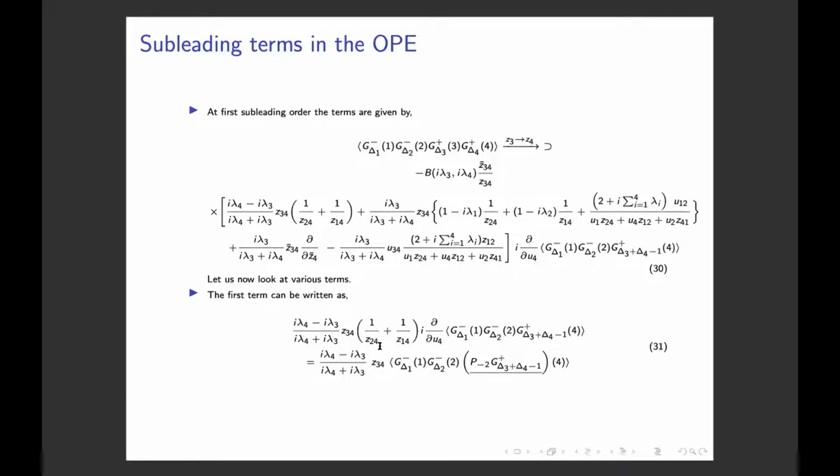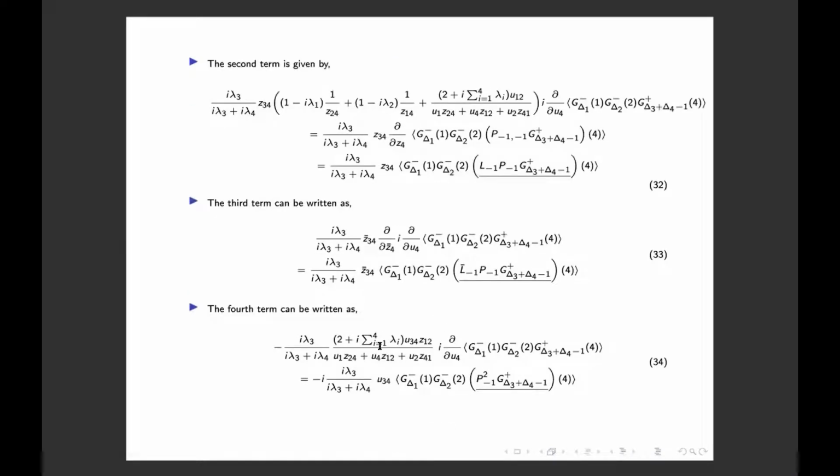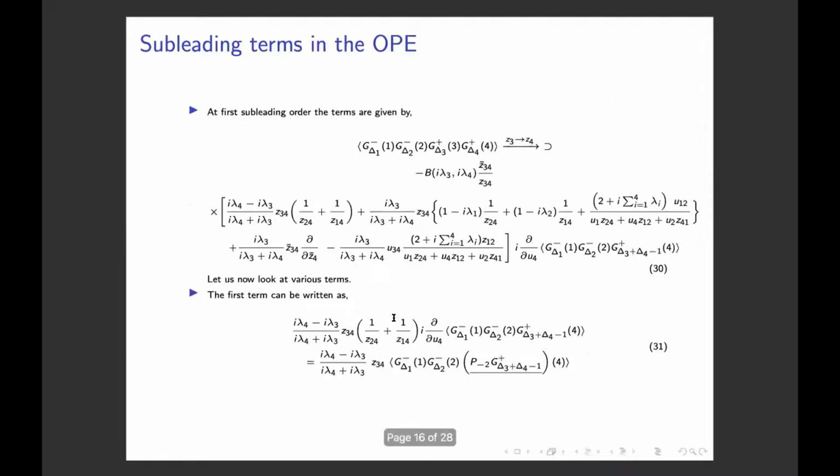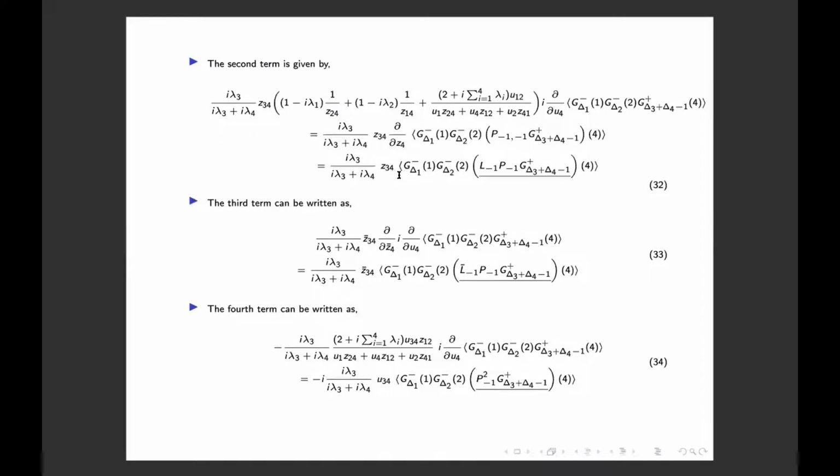Okay, so I'll come to that, but let's look at the second term. So the second term is this term, whose OPE coefficient is given by i lambda 3 by i lambda 3 plus i lambda 4 times z34 times this expression, and that can be written as this.